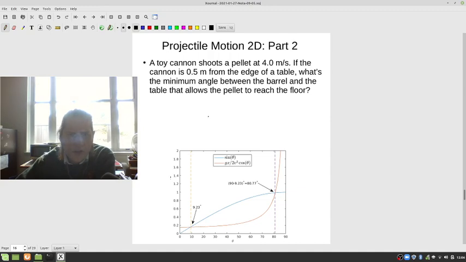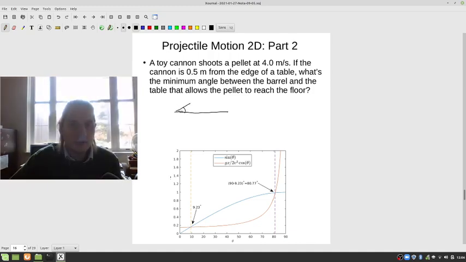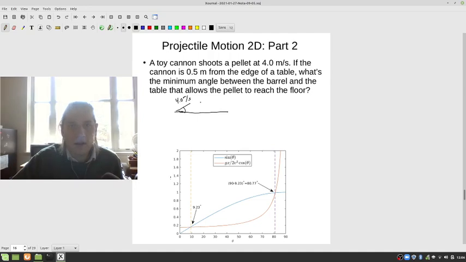Now, I want to show you there actually is another way that you could do the same problem that I showed you with the football, and that would be a case where you have a toy cannon, and it always shoots at the same speed, 4 meters per second, and you've got some distance to the edge of the table, 0.5 meters.